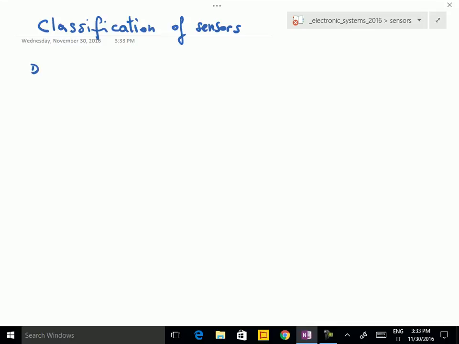Okay, there are many parameters that allow us to classify a sensor. One of them is something I already mentioned: is this a passive or an active sensor. The passive sensor does not require external energy to operate. The active sensor requires external energy for the sensing operation.